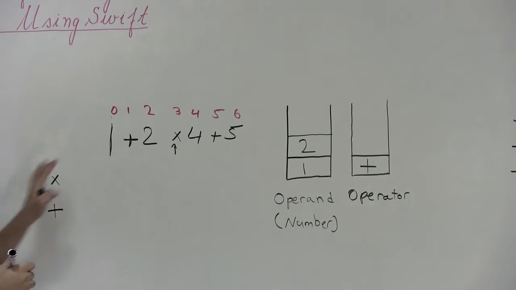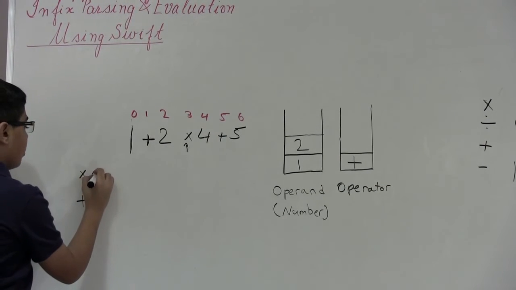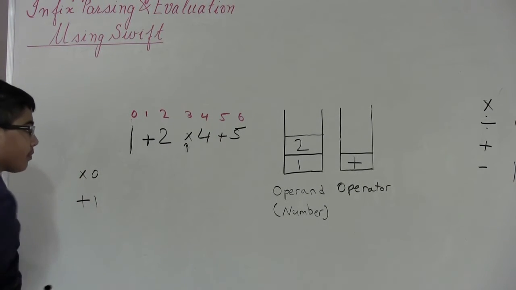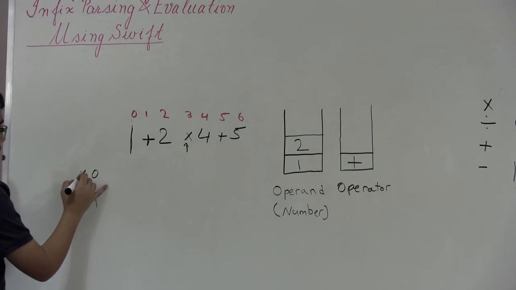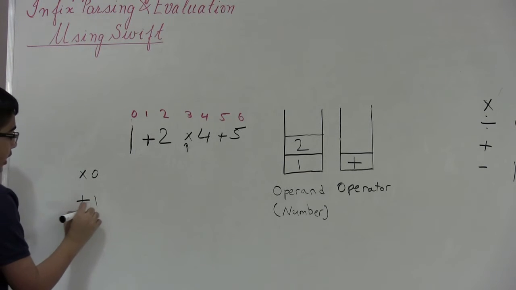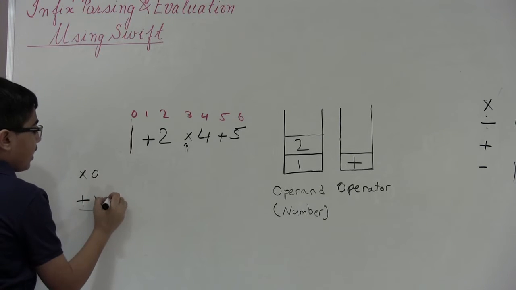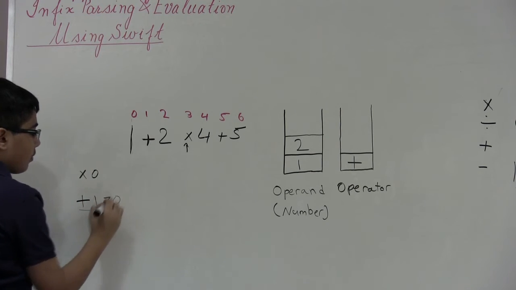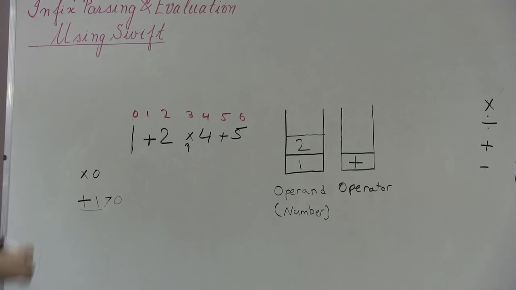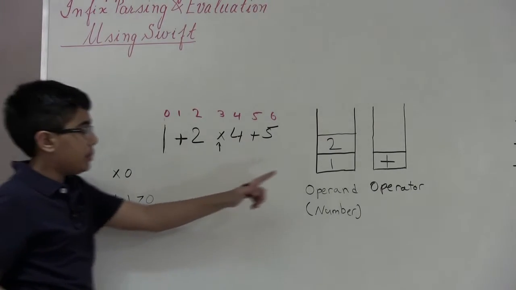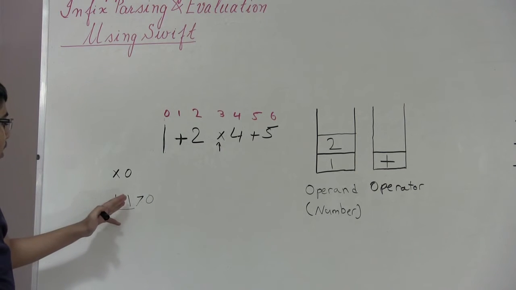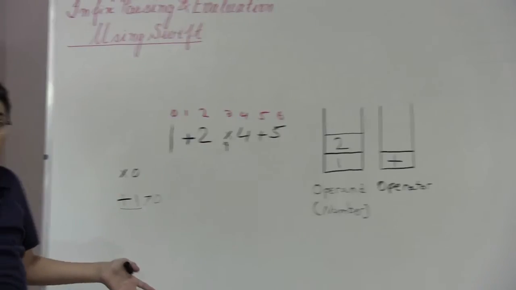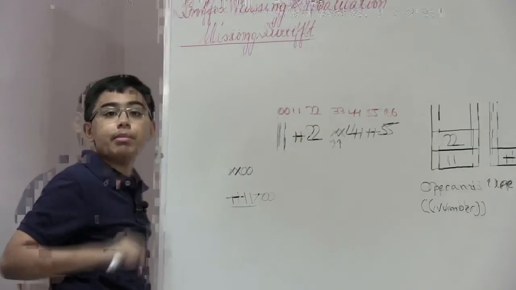So we note down the priorities for each. For times it's 0, for addition it's 1. Now we can see that this number, 1, is greater than 0, so we will not be popping out. However, if its priority were 0, we would be popping out the plus and doing some more stuff. I'm going to explain that in just a minute.